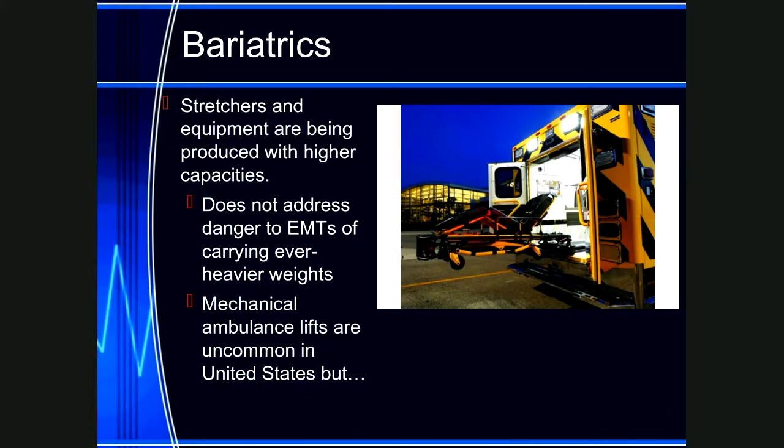These bariatric ambulances have stretchers and equipment that are produced with higher capacities, and they have some various features. The general features are the head and the foot end. They have strong metal frames and make it easier to push and to pull and to lift. They have hinges at the center that allow for elevation of the head and the back. And they have guardrails that prevent the patient from rolling out.